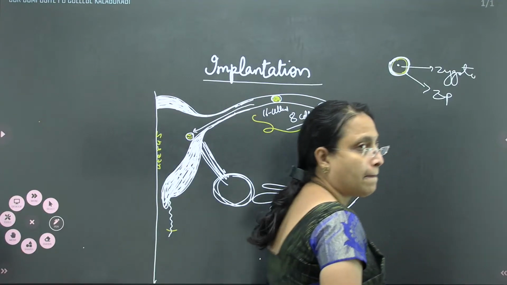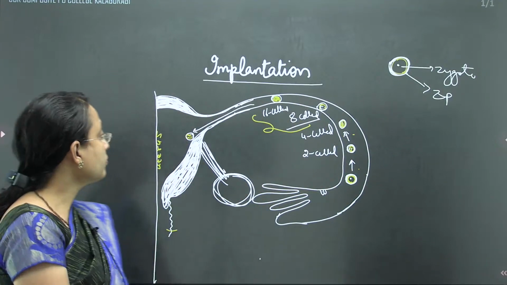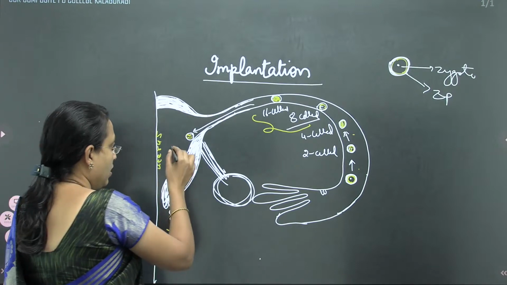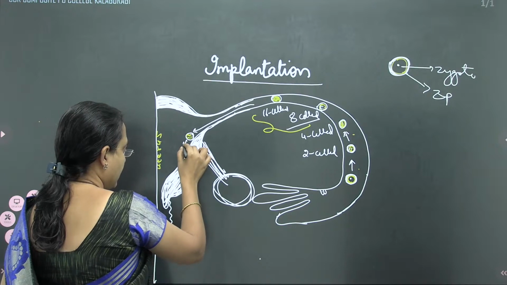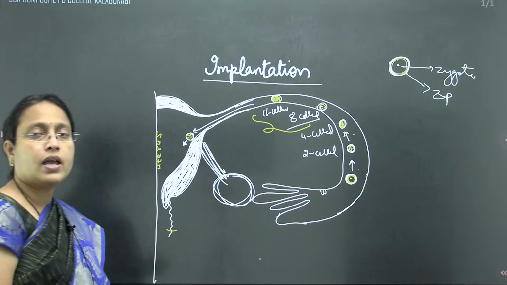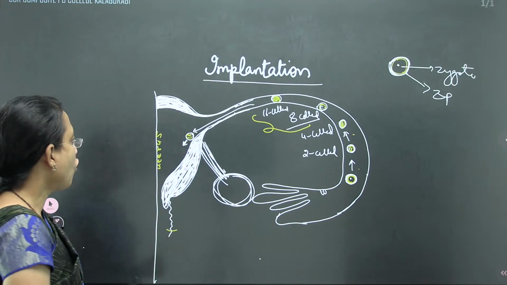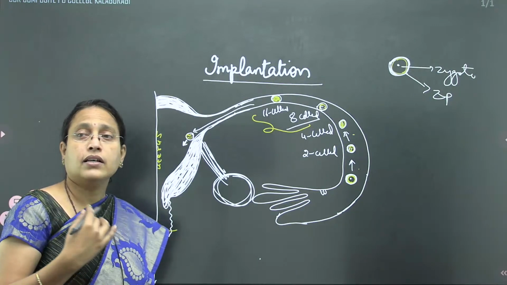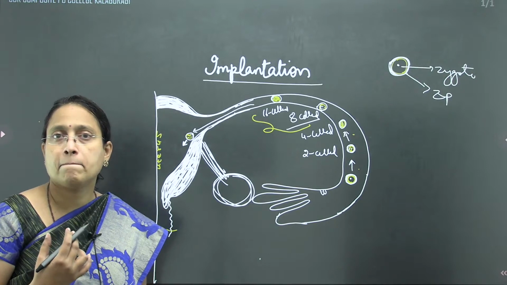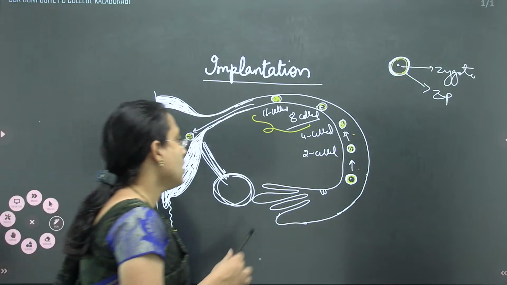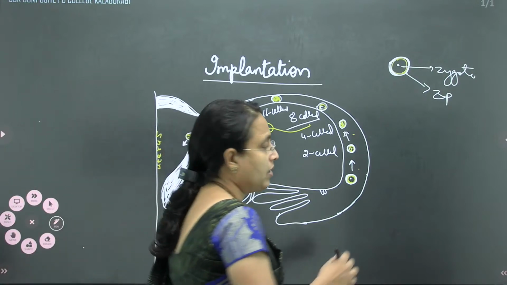Then the cells in this morula further start increasing in number and form the next embryonic stage, called the blastocyst. How does that occur?